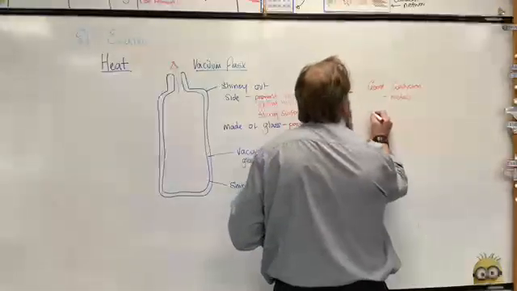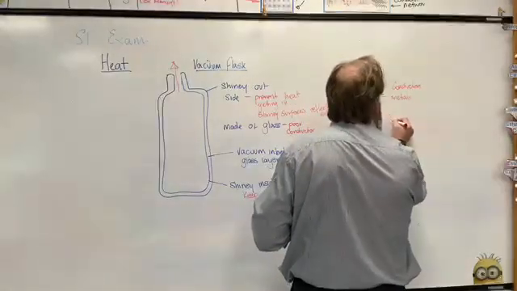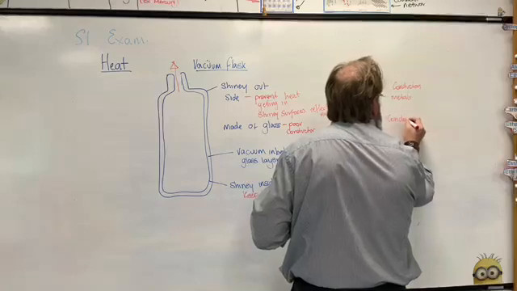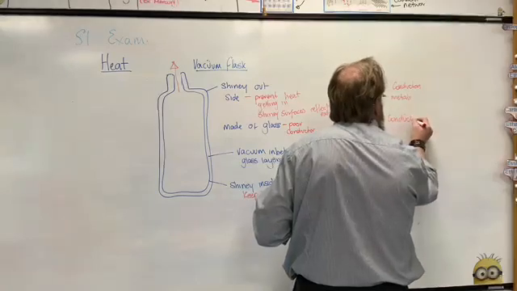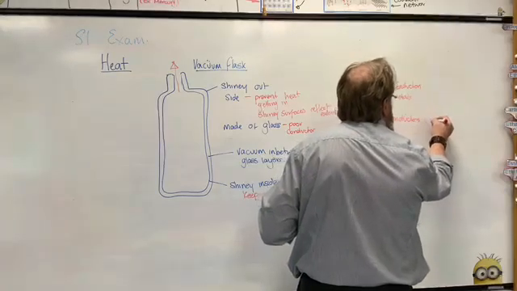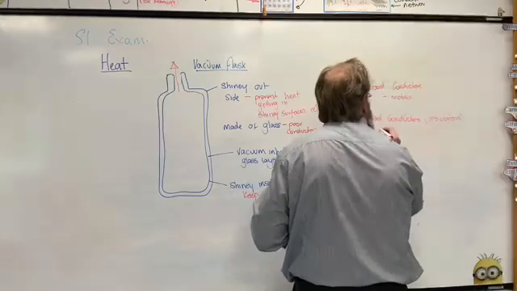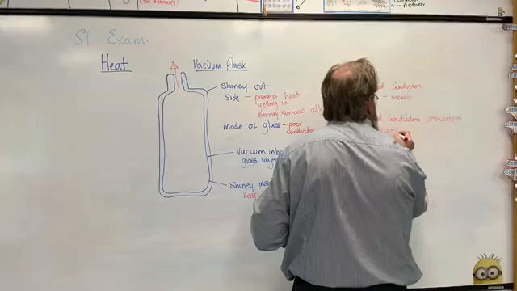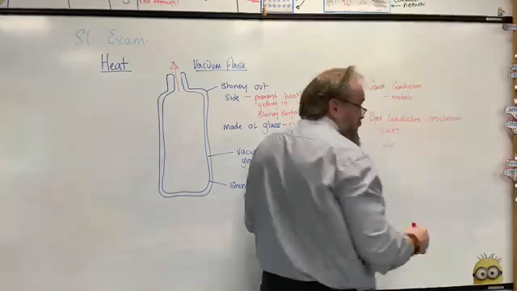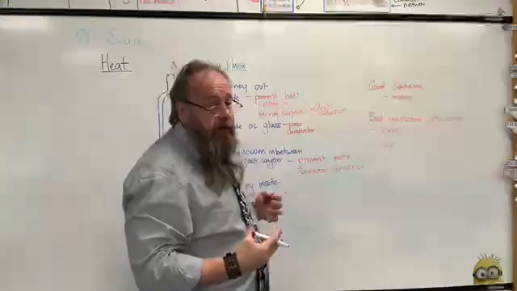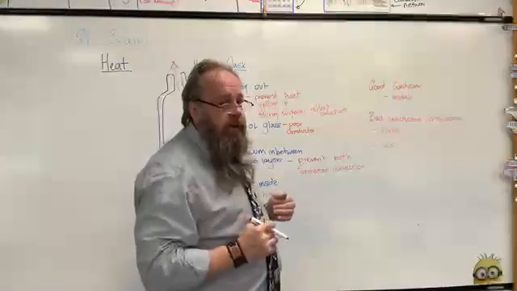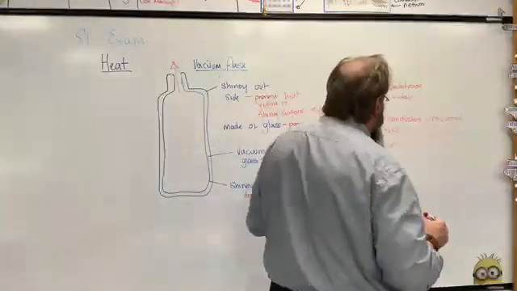Bad conductors, called insulators, are things like glass, air. That's why birds will plump up their feathers when it's cold, trap as much air underneath their feathers as possible. Plastics.